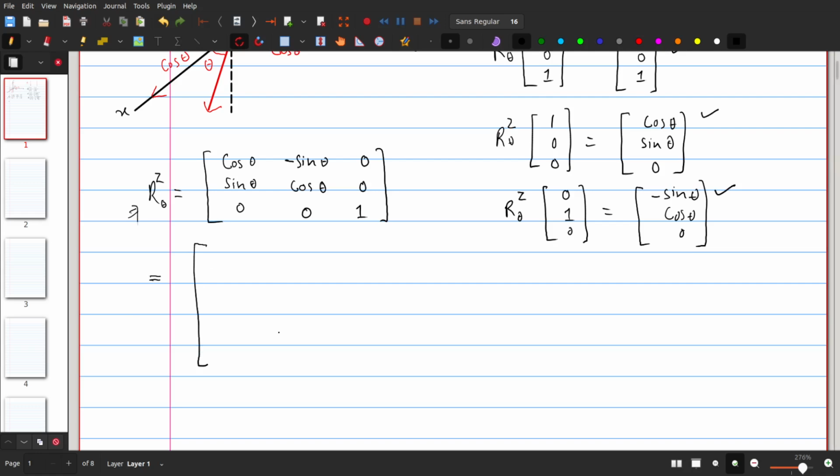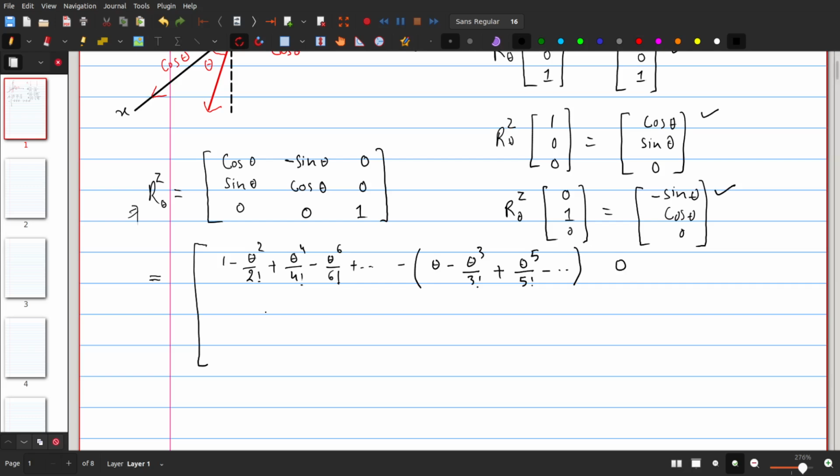So we write the Taylor series of cos theta and sin theta. Taylor series of cos theta is 1 minus theta square by 2 factorial plus theta 4 by 4 factorial minus theta 6 by 6 factorial and so on. Similarly, for sin theta we have only odd power terms of theta, so we have theta minus theta cube by 3 factorial plus theta 5 by 5 factorial and so on.